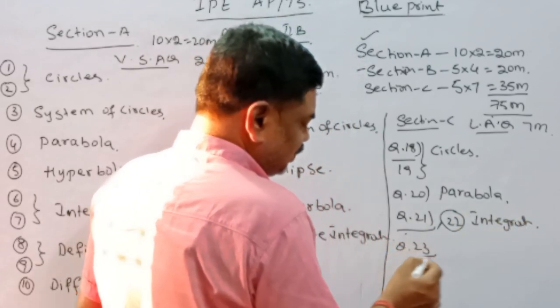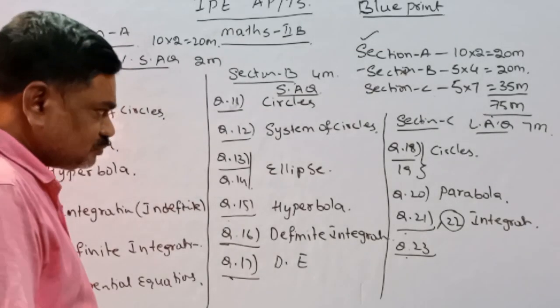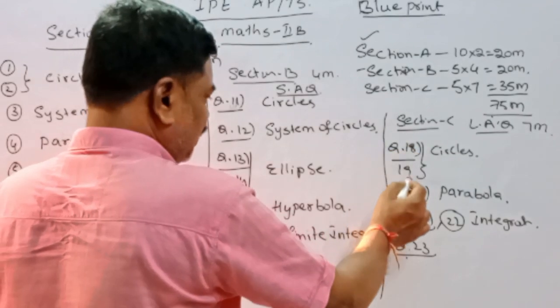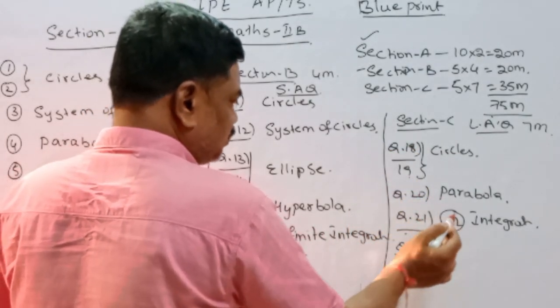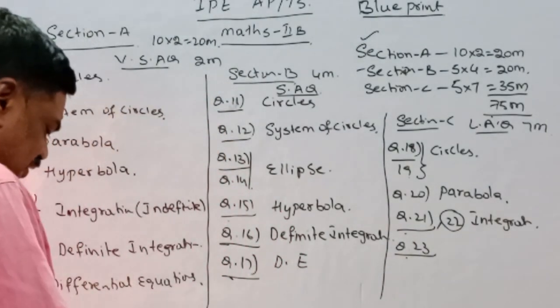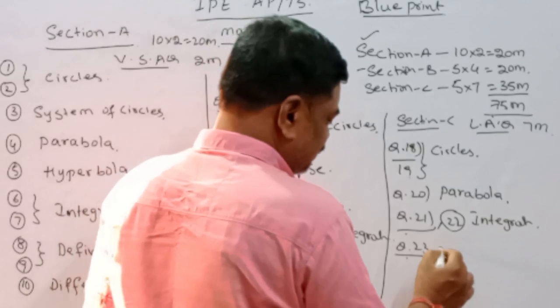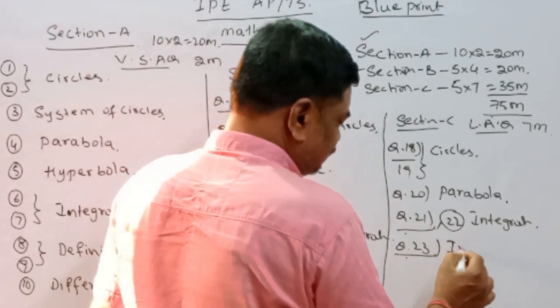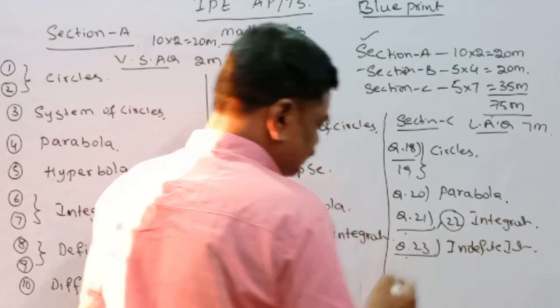Question number 23 is from definite integration. Question number 23 is indefinite integration.